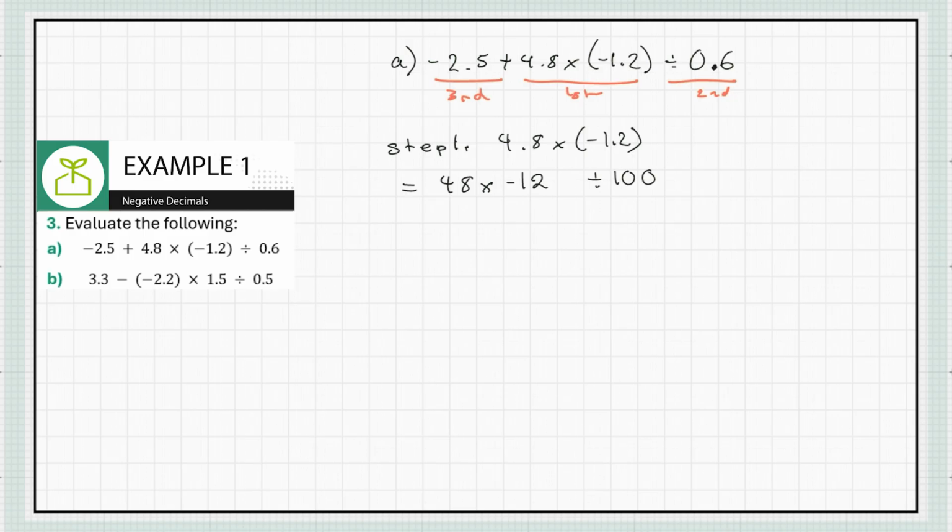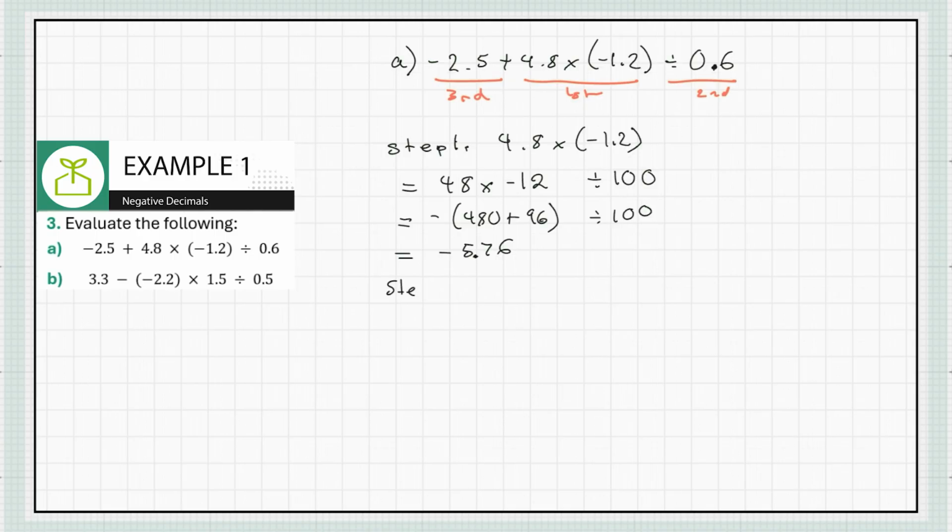So we'll ignore this, we'll just do this part here, but at the end we have to divide by 100. Alright, so this is going to be equal to negative 480 plus 96. And that is equal to negative 576, but because we're dividing by 100, we have to move that decimal point back 2 spaces, once and twice, and we have minus 5.76.